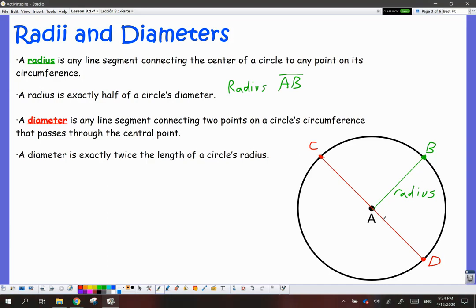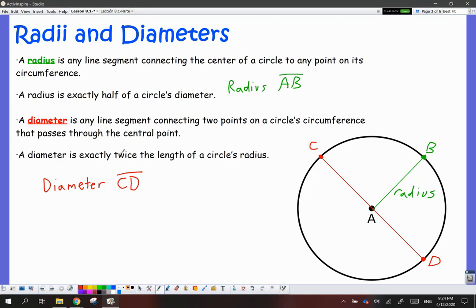We have 2 points that are on the circumference, and this line that connects those 2 points passes through the center point. So since it's also a segment, we'll call it diameter CD.